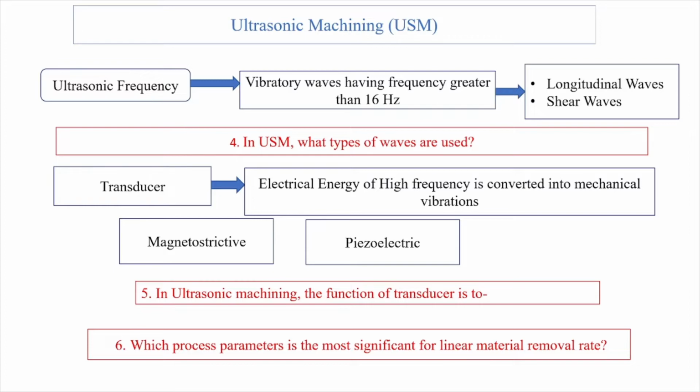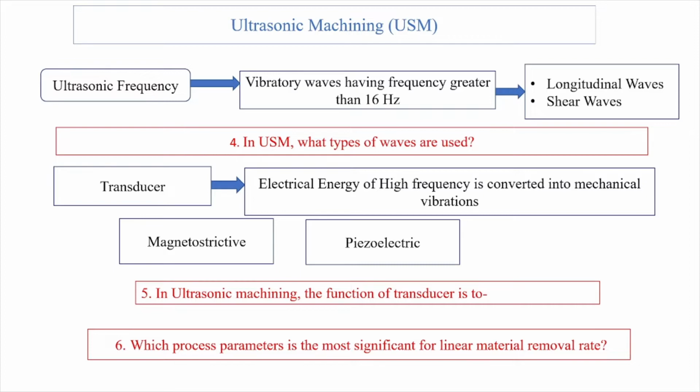So the transducer for USM works on the following principles: one is piezoelectric, one is magnetostrictive, and one is the electrostrictive effect. The magnetostrictive transducer is the most popular when robust mounts are needed, while piezoelectric may also be used in USM.